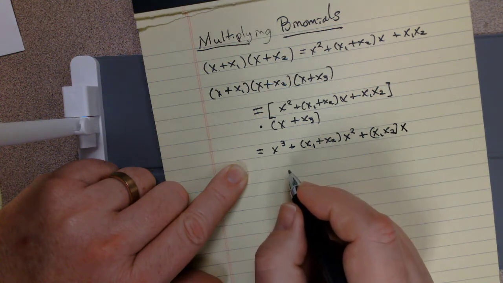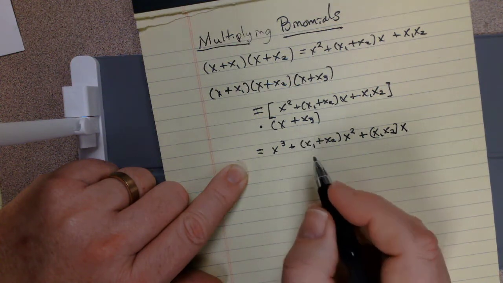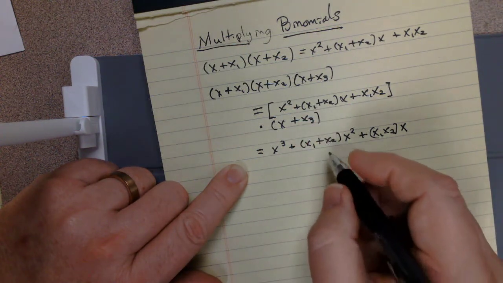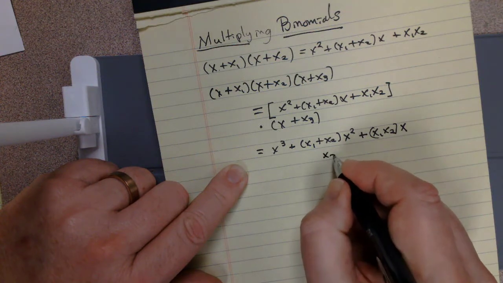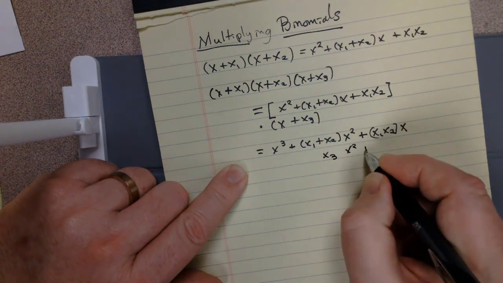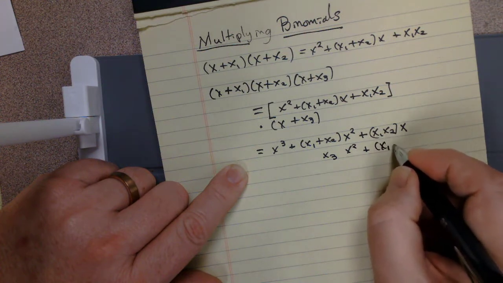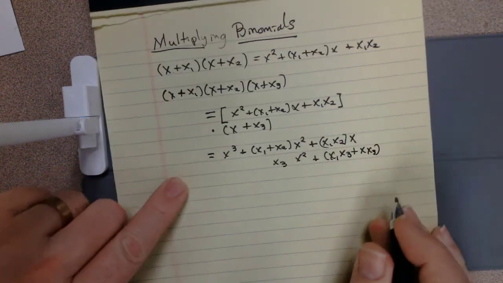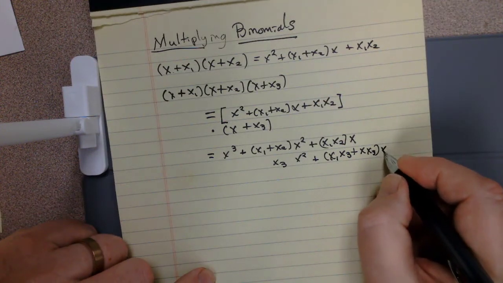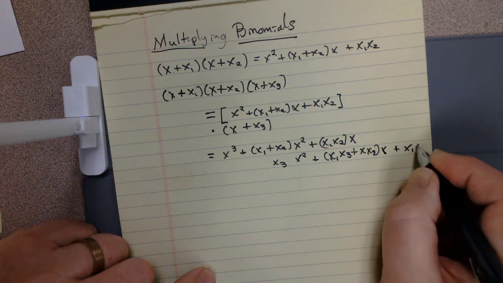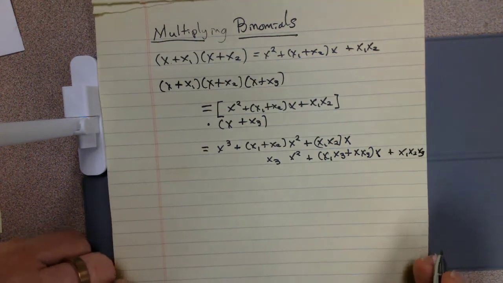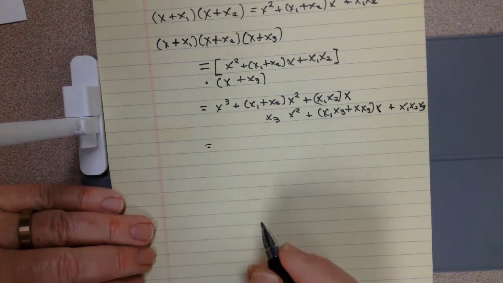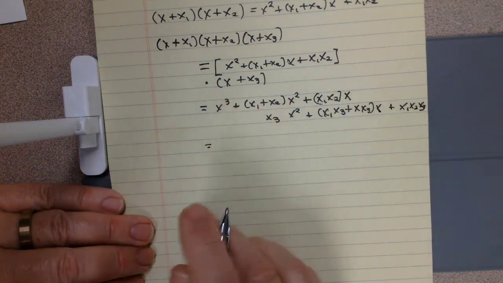And then when I multiply the x3 through the second, I would say this is x3 times x squared plus x1 x3 plus x2 x3 times x, and then finally x1 x2 x3. Anyway, we add these terms together.